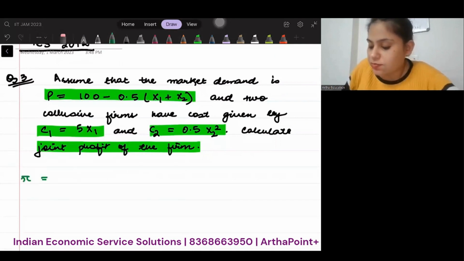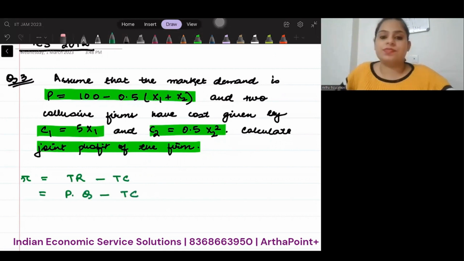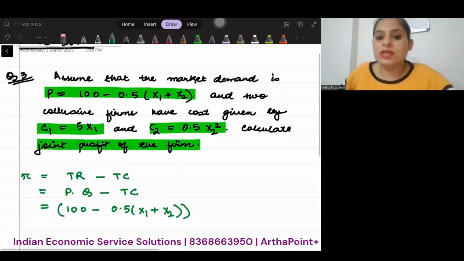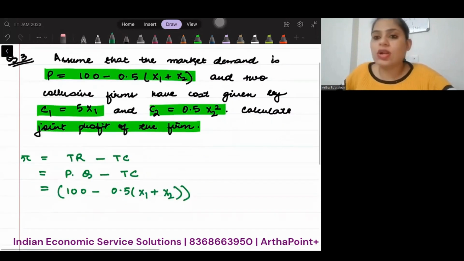Total revenue minus total cost. What is total revenue? Price into quantity, minus total cost. What is price? 100 minus 0.5 (x1 plus x2). What is the total quantity? x1 plus x2.